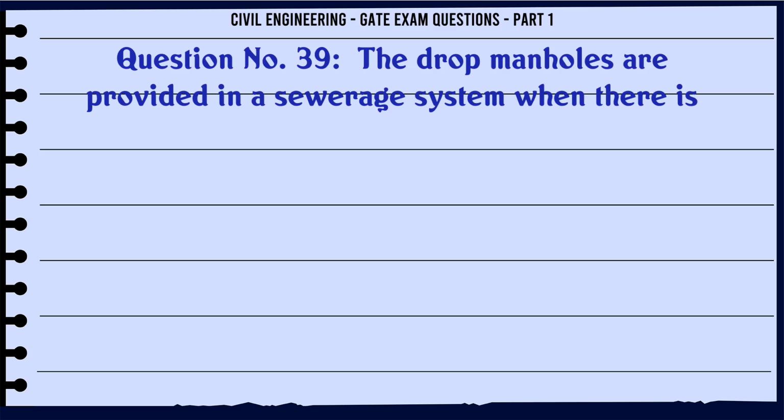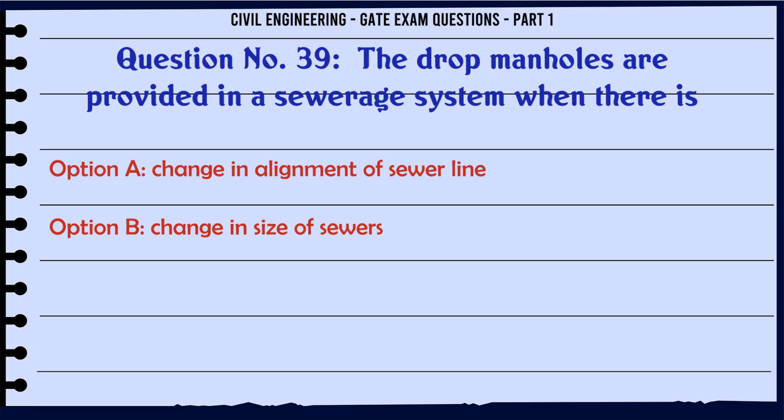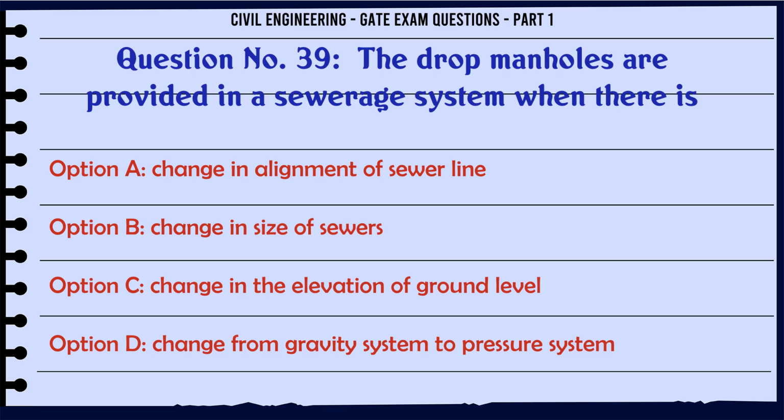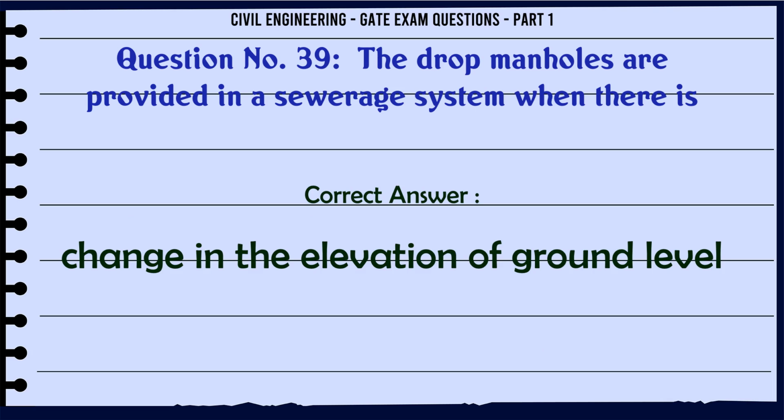Drop manholes are provided in a sewerage system when there is: A, change in alignment of sewer line; B, change in size of sewers; C, change in the elevation of ground level; D, change from gravity system to pressure system. The correct answer is change in the elevation of ground level.